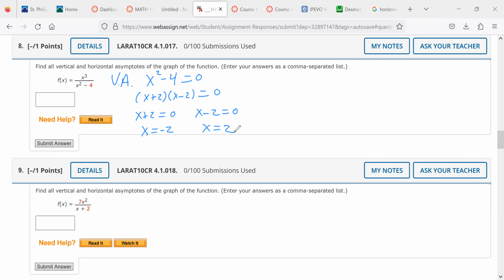Yeah, it's going to be 2. So we said in the notes or in that random web page, if the degree on top is bigger, there is no horizontal. There is an oblique, but there is no horizontal. So just put these 2 in there. And we only have vertical for this guy.